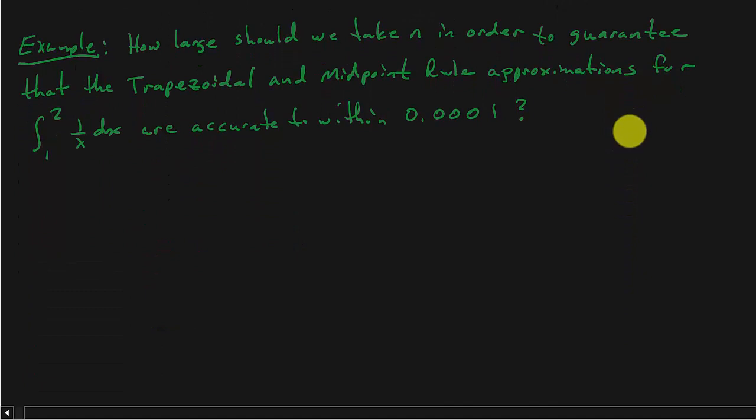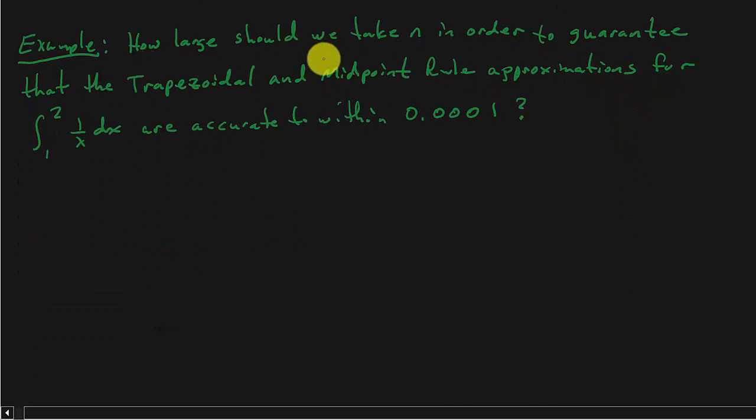All right, so let's look at another example. It says, how large should we take n in order to guarantee that the trapezoidal and midpoint rule approximations for this integral are accurate to within 0.0001? They're asking for something a little different here.